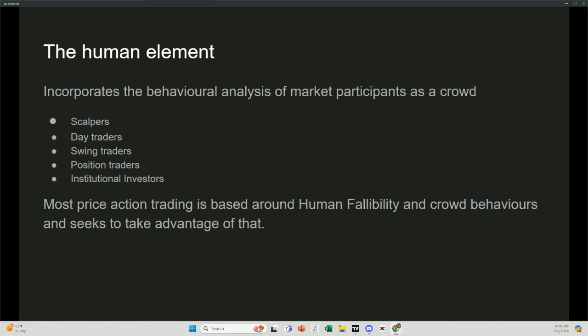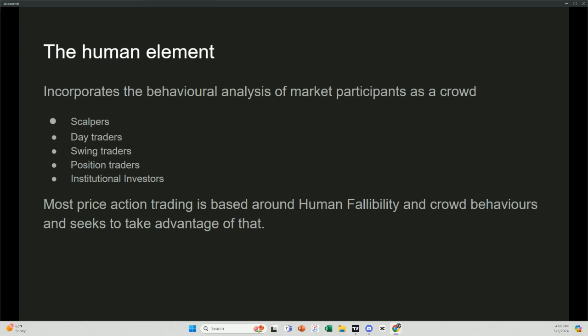Day traders as well, another particular favourite of price action guys. So they're trying to figure out what these day traders are going to do and when they make mistakes and so on. Swing traders, obviously a biggie. Swing traders are particularly easy to understand and know what they're going to do in any given situation.